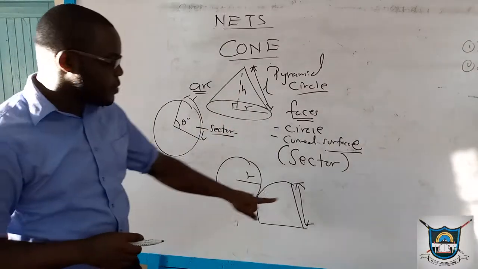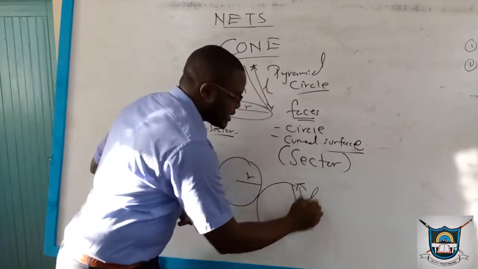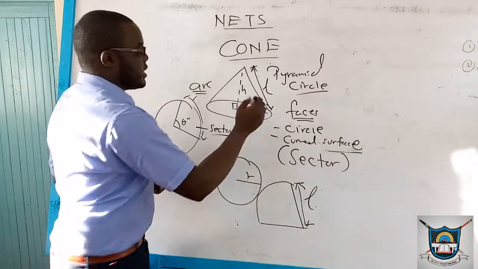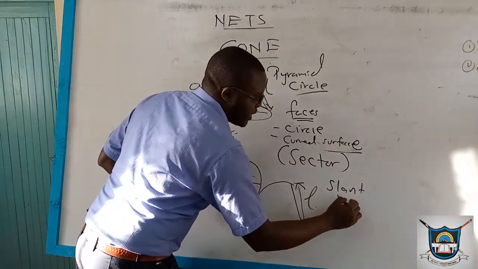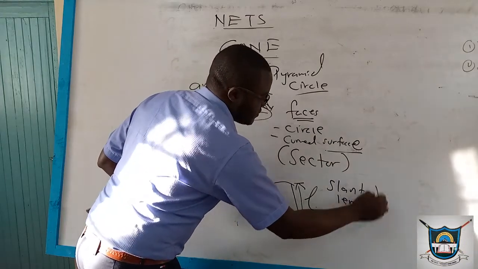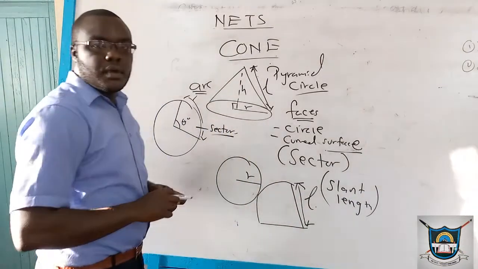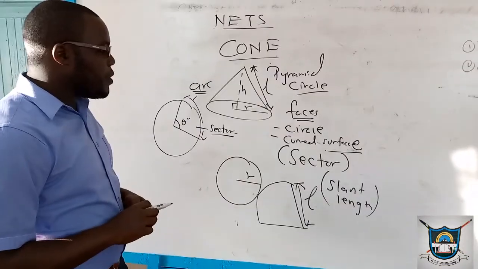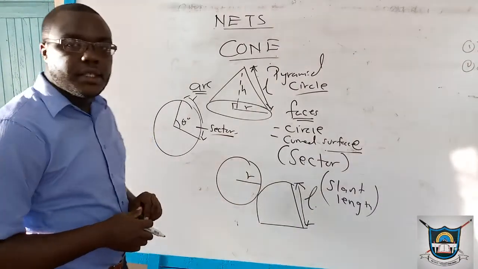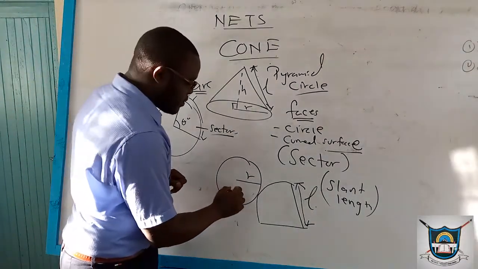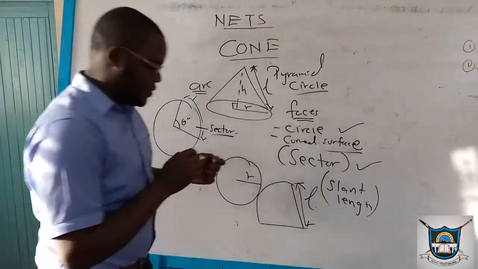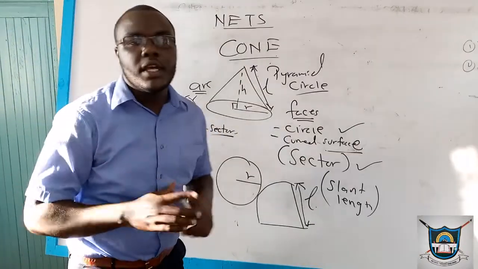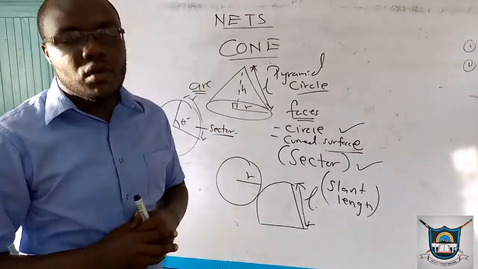It should correspond with the slant length. Therefore, when we come to make the net, it is made up of a circle and a sector. And that's how we draw the net of a cone.